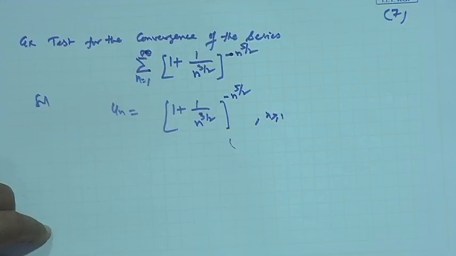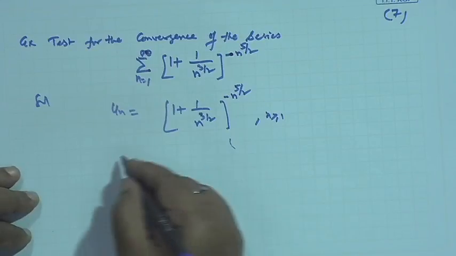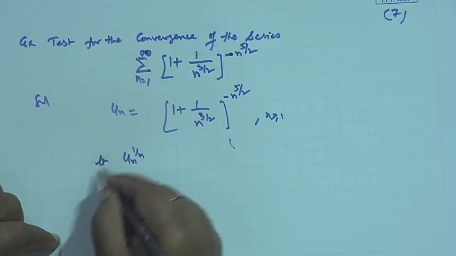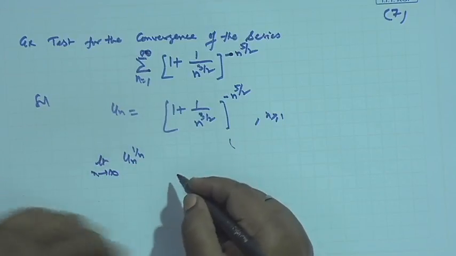Now, here if we look, the u n term is given where the power is there. So, instead of the ratio test, we will apply the nth root test. So, let us see what is u n to the power 1 by n when n tends to infinity.